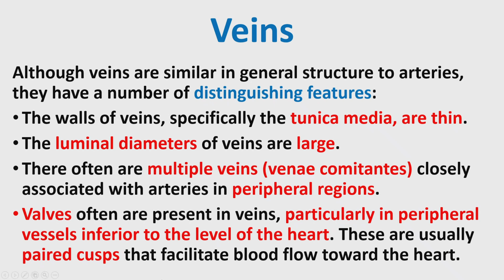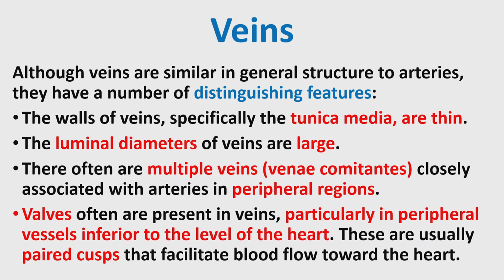Regarding the veins, usually compared to the arteries, they have some distinguishing features. As we said, specifically in the tunica media, the veins have a very thin tunica media, but vice versa to the artery, the luminal diameter of the veins is large, so they contain the volume of the blood.